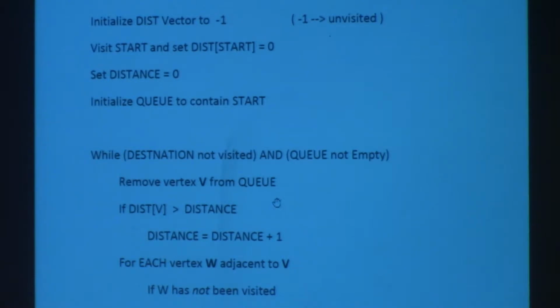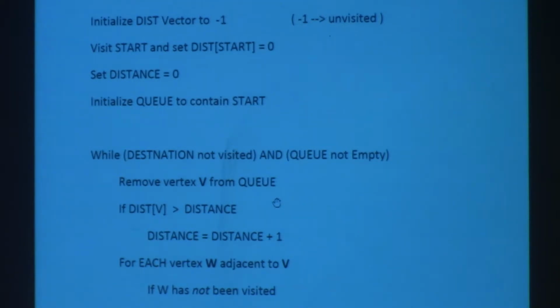Now we're going to visit each of these. So we check the V. If it has not been visited, then set the predecessor of W to V, visit W, and set the distance of W to distance plus 1.